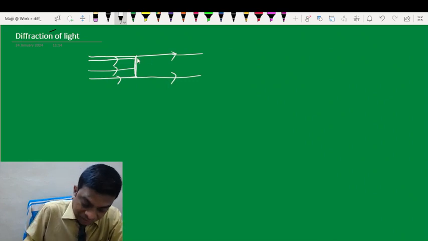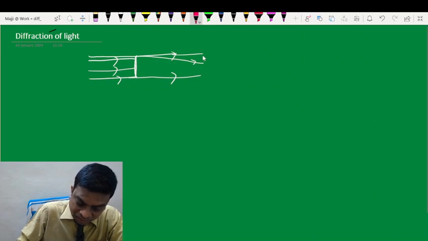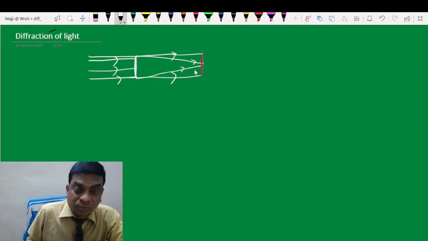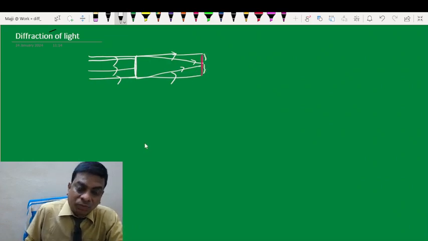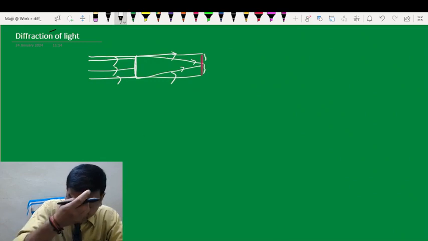But actually what happens is that you'll find that light enters this region, which is supposed to be the shadow region. Okay, this region is supposed to be a shadow region, but you will notice that light enters that region, and this region is no longer completely dark. Of course it will be partially dark.